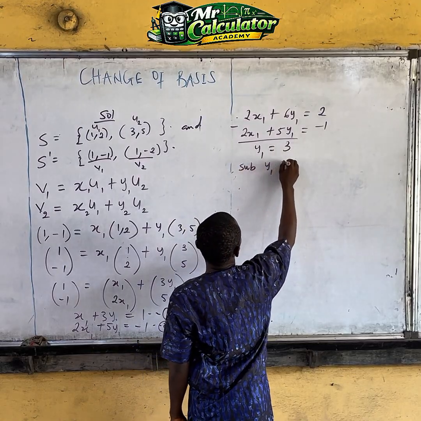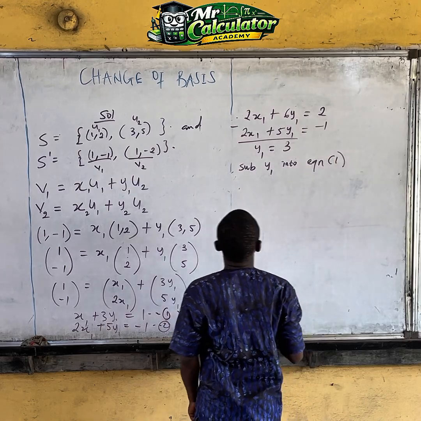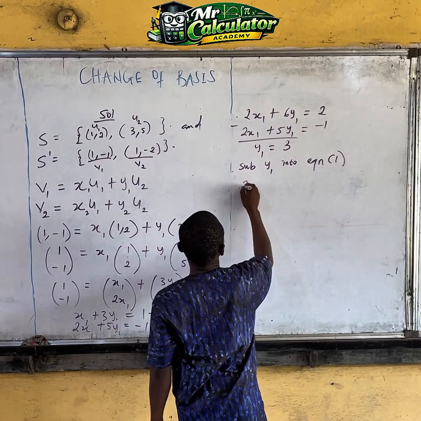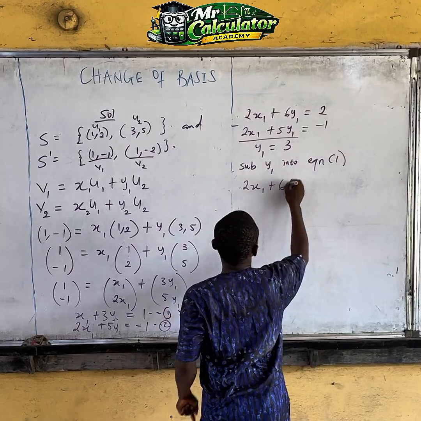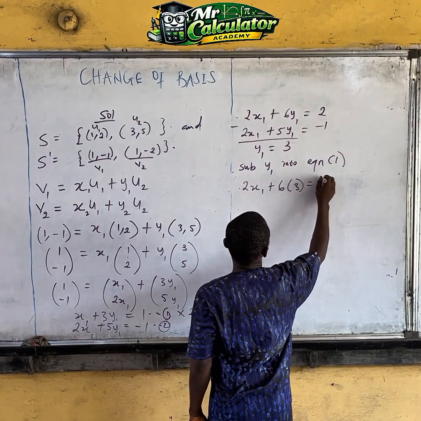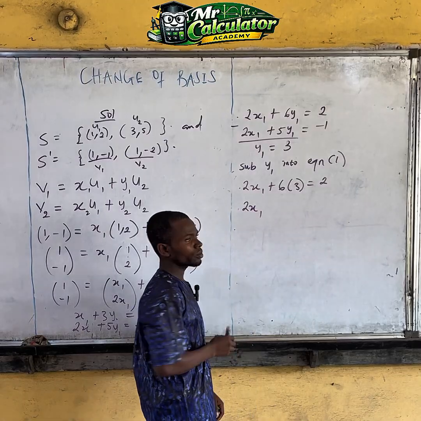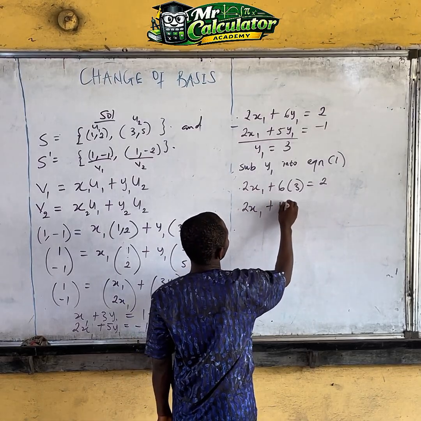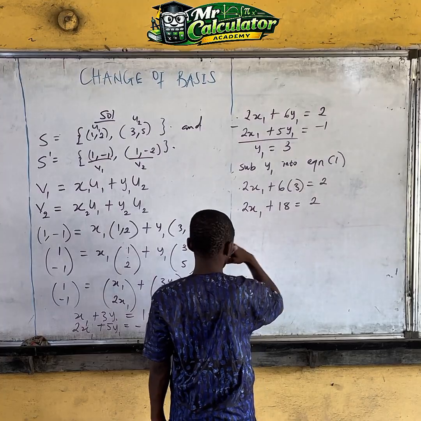Now substitute Y1 into equation 1: 2X1 plus 6 times Y1, which is 3, equal to 2. So 2X1 plus 18 equals 2.